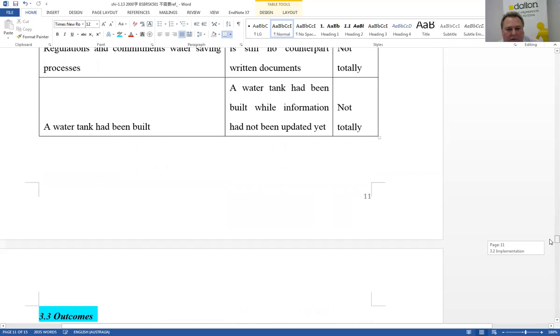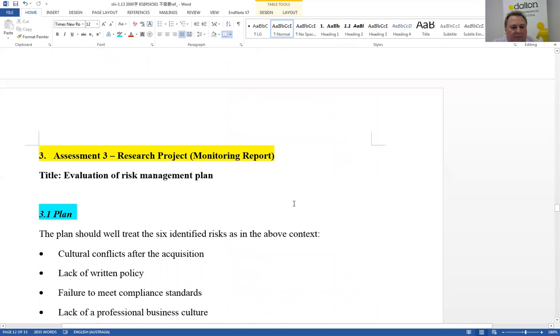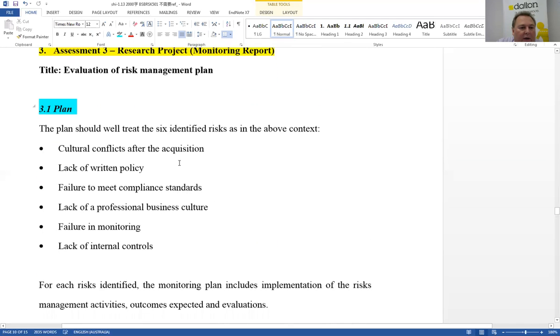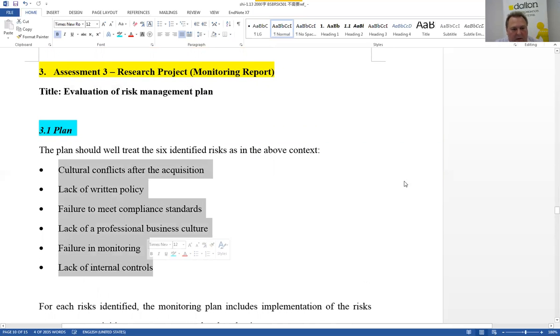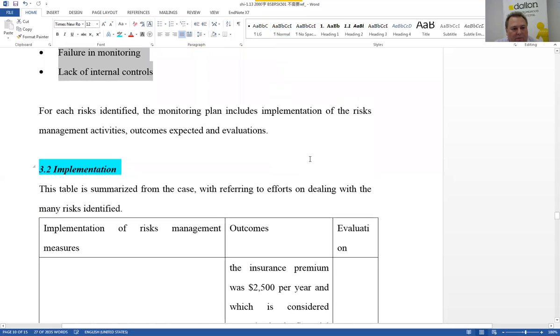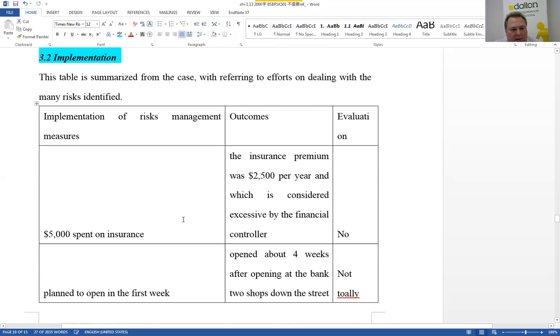Okay, so I'll just quickly scroll up, and assessment task 3 should include this information: the title, the plan, 6 identified risks. We've reflected that into our implementation table with our appropriate heading, outcomes, and evaluation.